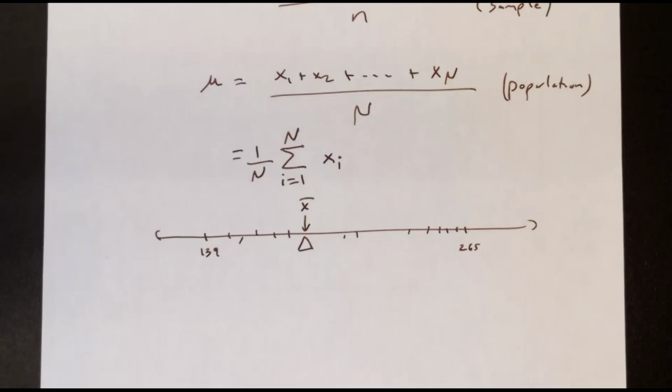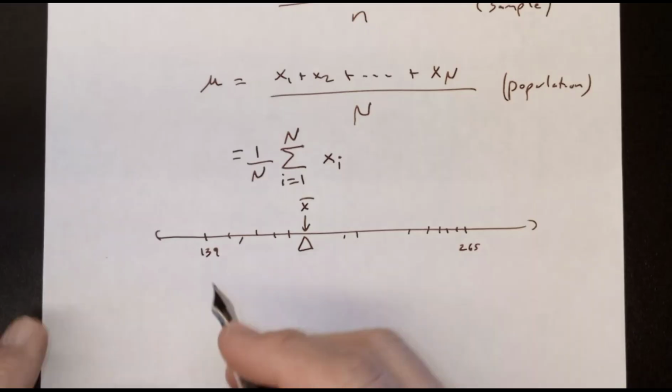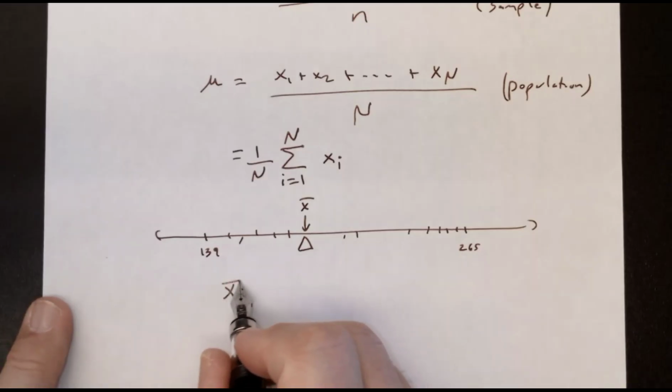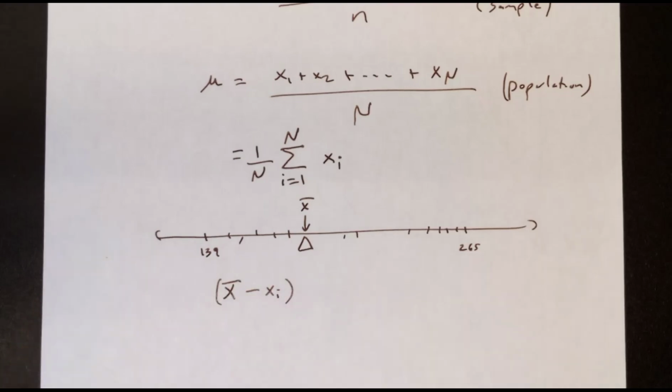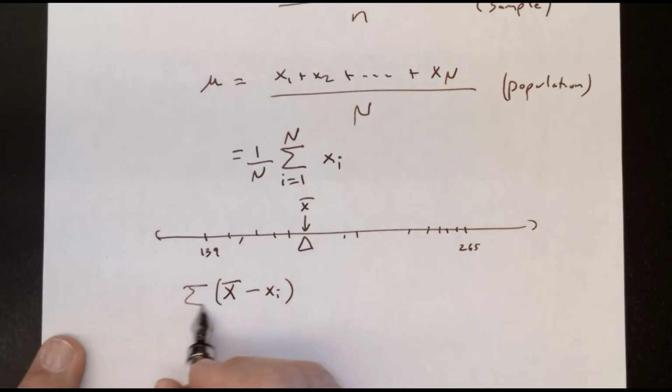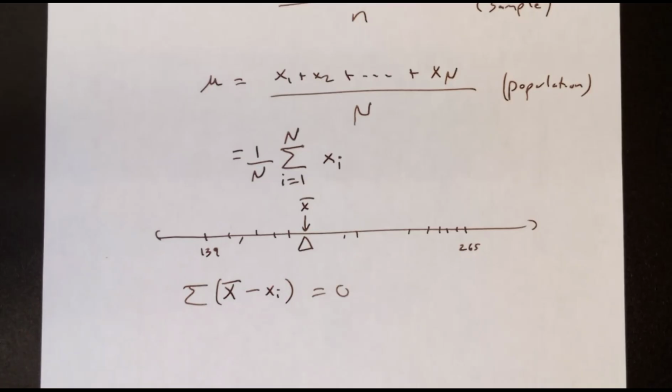It's a physical average. And that means that if I take the distance from each point to the average, regardless of whether I do it this way or the other way, if I take this and I add all of these up, that adds up to 0 every time.